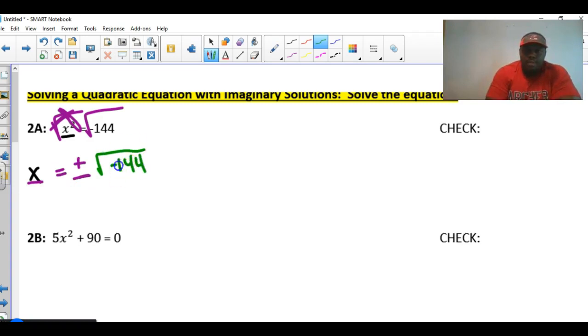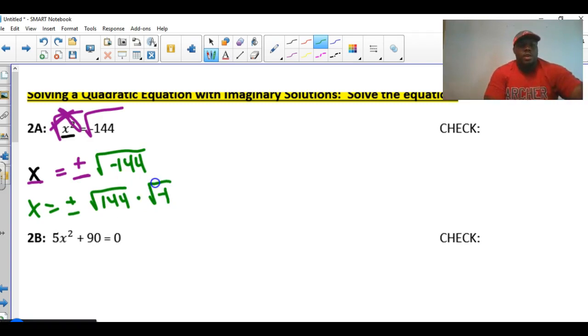We're going to factor this, or separate it, okay? So I have x equals plus or minus the square root of 144 times the square root of negative 1. Remember, factor out the negative. So now we can simplify it.